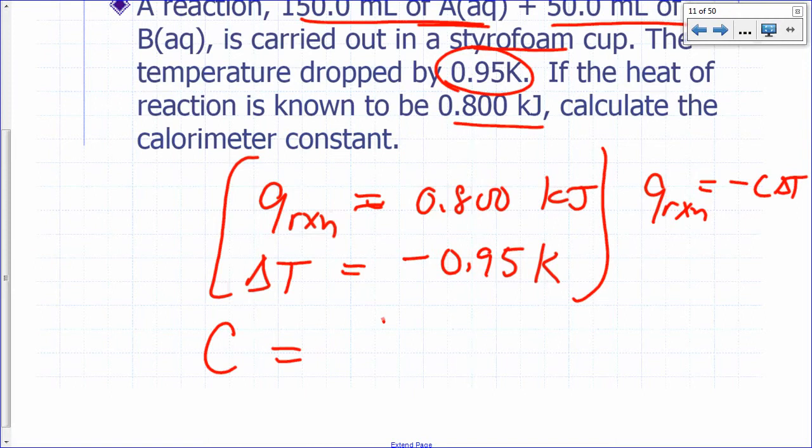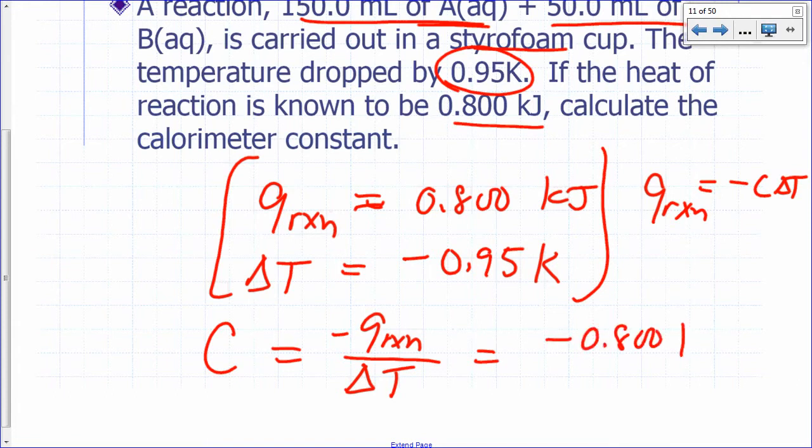So C equals negative Q reaction over delta T. Okay? So what is this going to be? Negative of 0.800 kilojoules over negative 0.95 Kelvin.